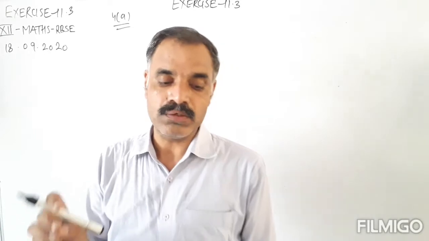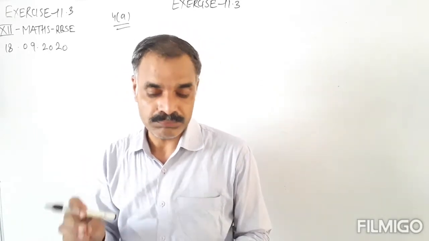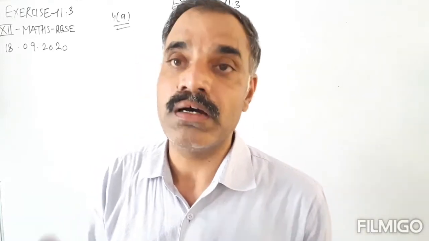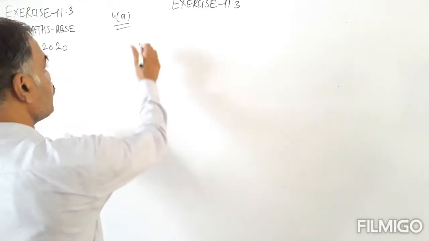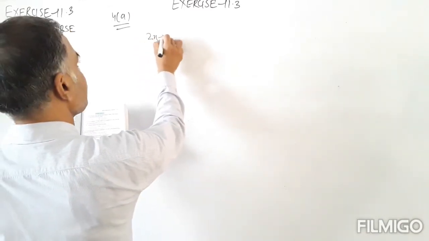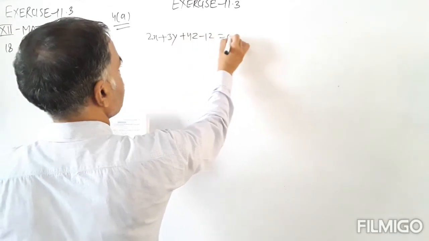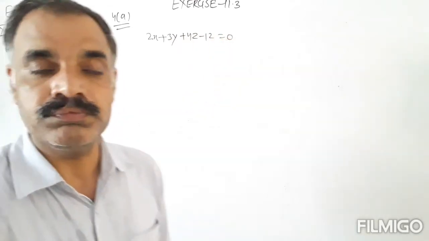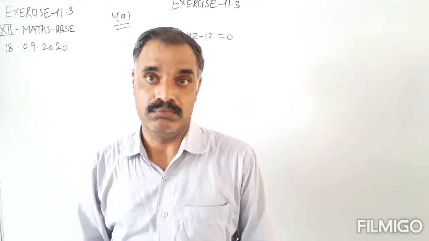Find the coordinates of the foot of perpendicular drawn from the origin. So this is the equation of the plane, 2x plus 3y plus 4z minus 12 equals 0, and we have to find the foot of perpendicular drawn from the origin.